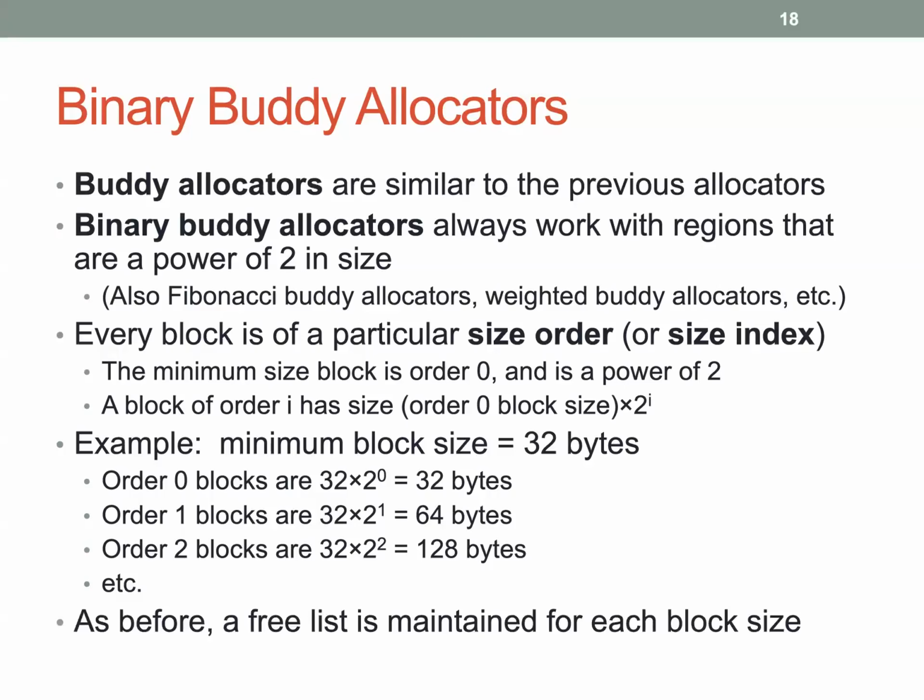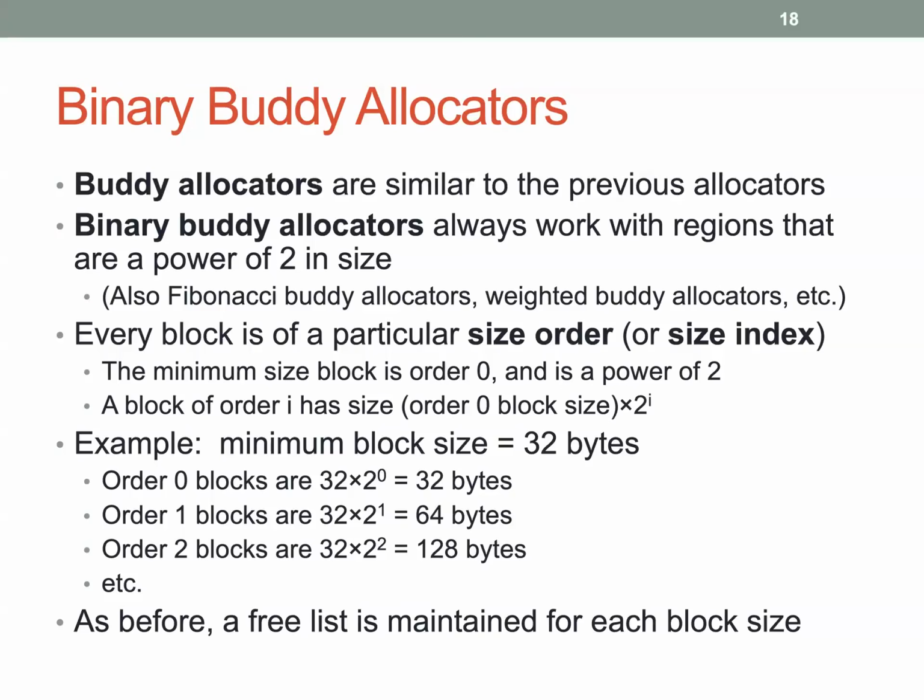Okay? And for each of these size orders, we maintain a free list. So when an allocation request comes in, we round up to the next power of 2, we figure out what size order that is, and we can just go straight to the free list for that size order and see if there are any free blocks available. So probably when you're looking at this, you're saying this sounds a lot like binary segregated fits allocation, and you'd be right.